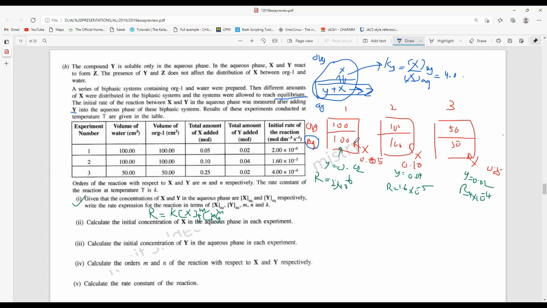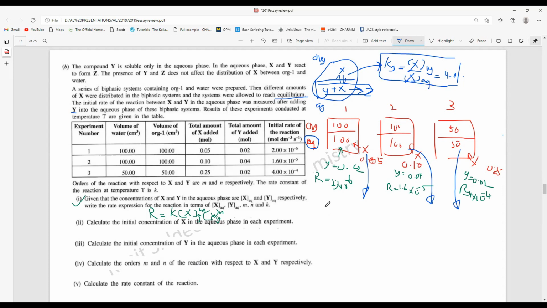So first they have allowed it to equilibrate, then they add Y. The initial concentration for this particular reaction is the amount of X remaining in the aqueous phase after this physical equilibrium happens. So you need to first find how much X remains in the aqueous phase using this distribution coefficient value.